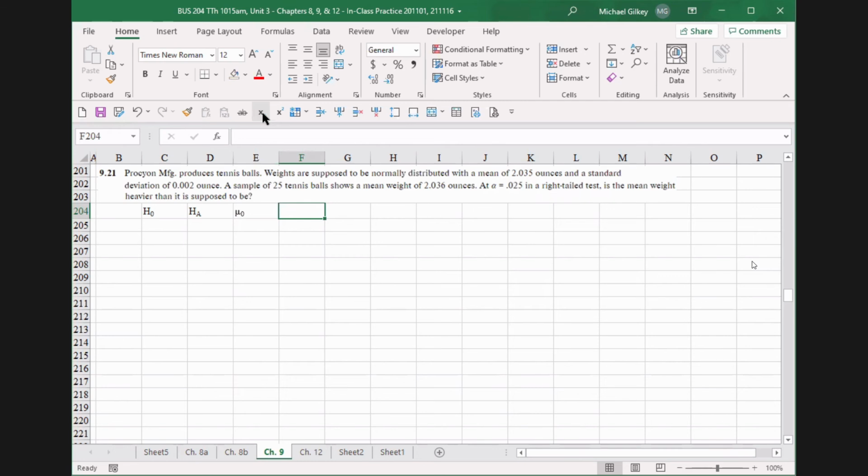And they give us our standard deviation. They tell us we took a sample of 25, so they give us the sample size. They tell us our sample mean, x bar, and they give us our alpha of 0.025.